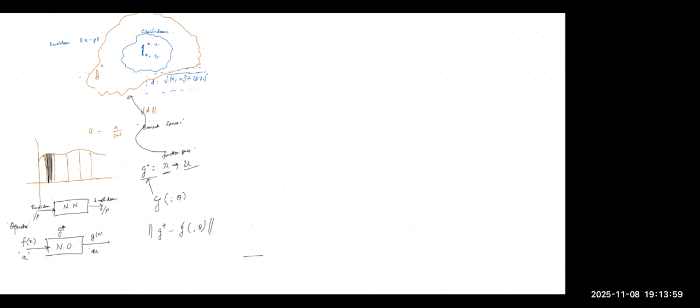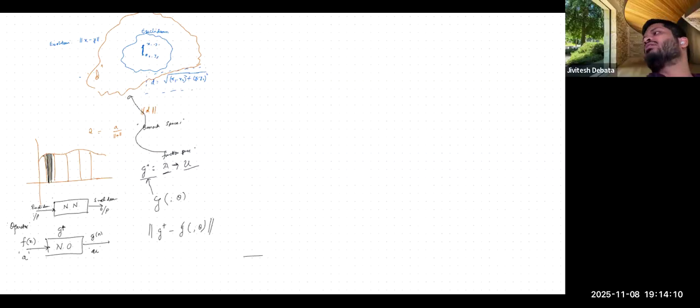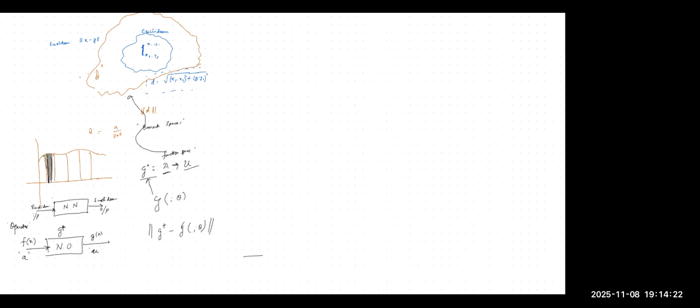In particular, this G dagger was measurable, they said it already. G dagger is what we are approximating, and this is the neural network side. That means G dagger is the right answer, and what will be trained around it, because theta is the parameters we are training.